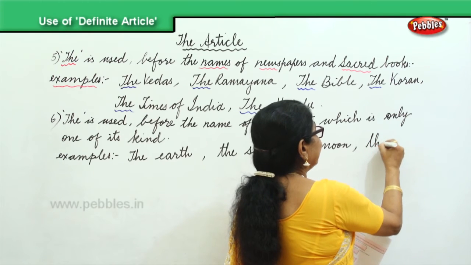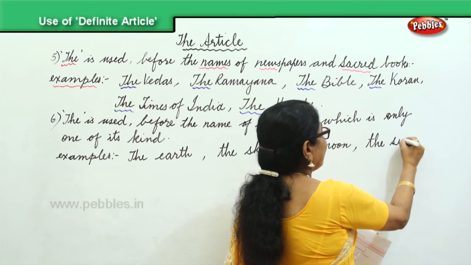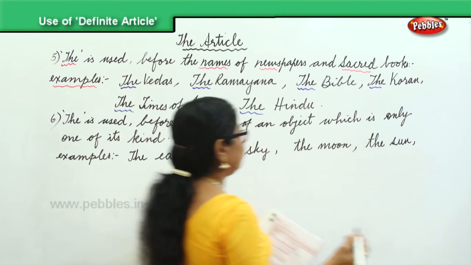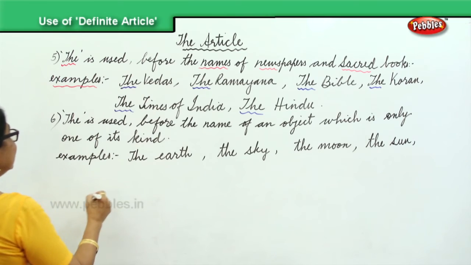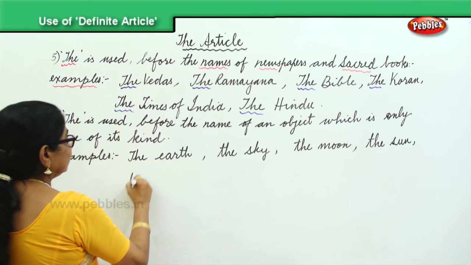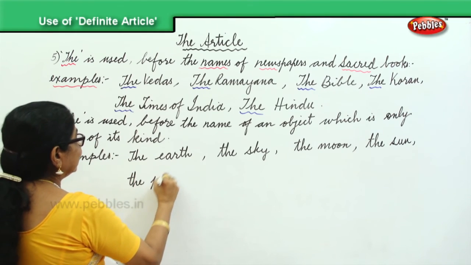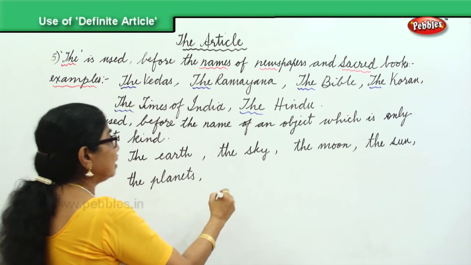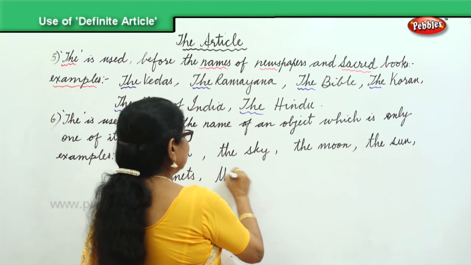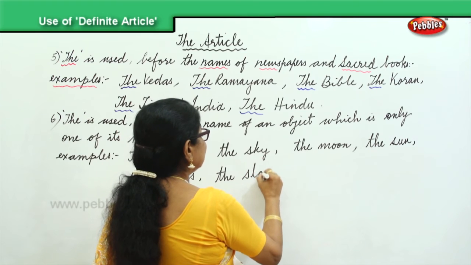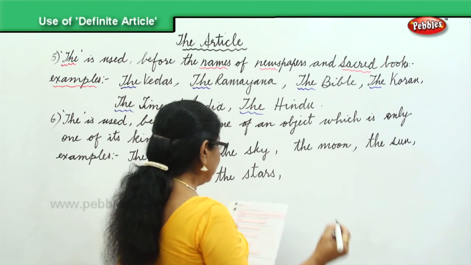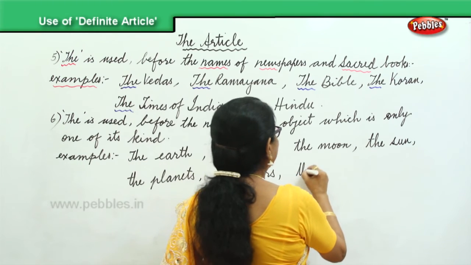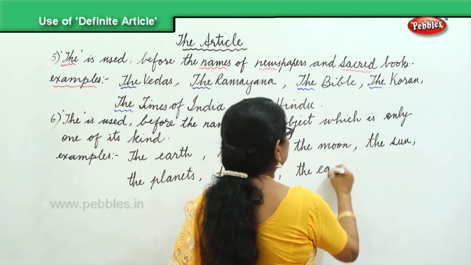The sun. You will say the planets. The stars. And then you will say the equator.